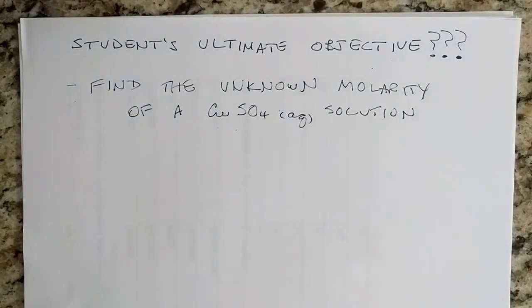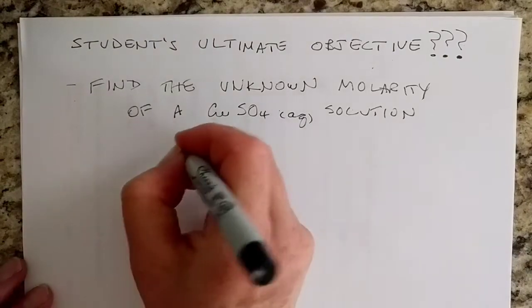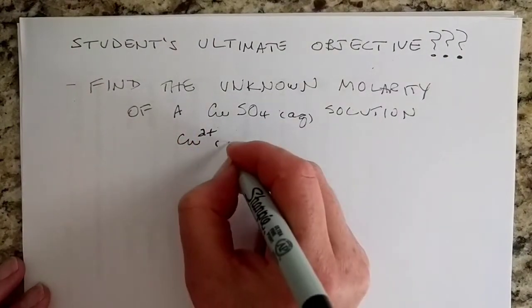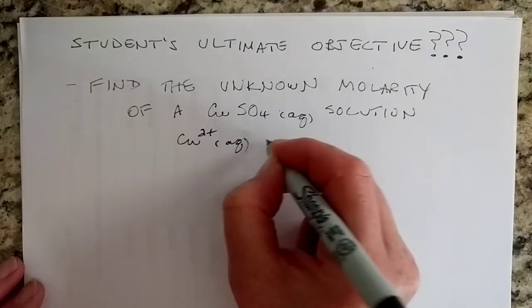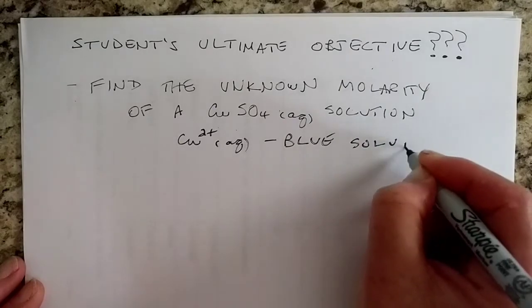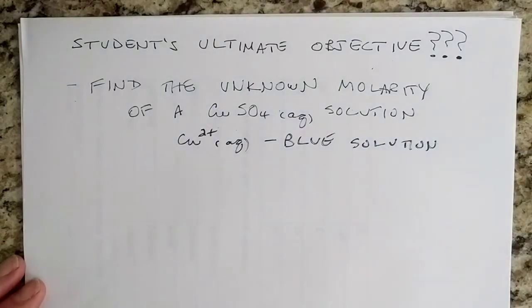That's what the student wants to do. Now, copper sulfate, we know we have copper ions and sulfate ions. We know that Cu2+ aqueous makes the solution blue. We get a blue solution.